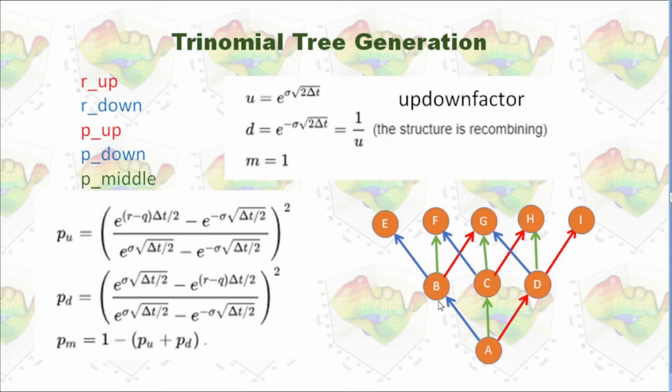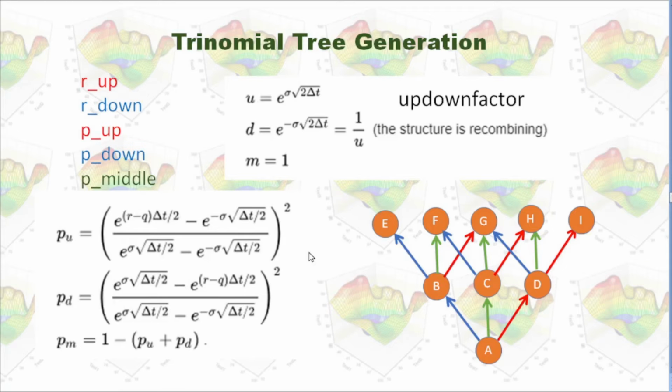But on the left side, you have to calculate 2. From B, you have to calculate E and F. From data point D, you have to calculate H and I. Okay, now we know how we can build this trinomial tree for our Black Karasinski model.